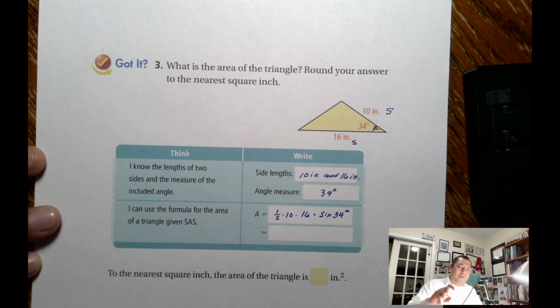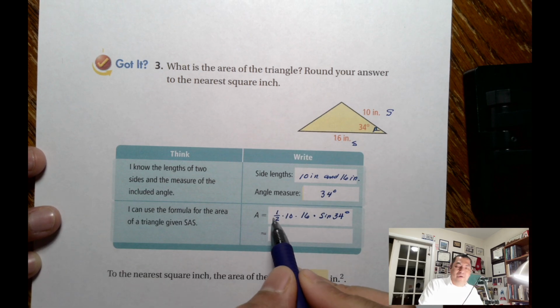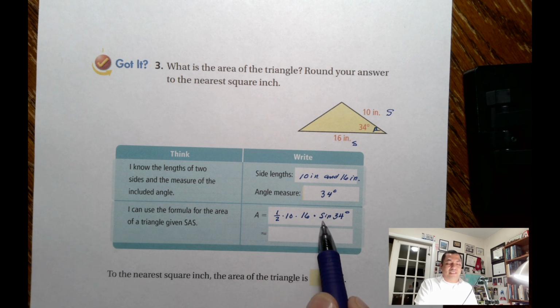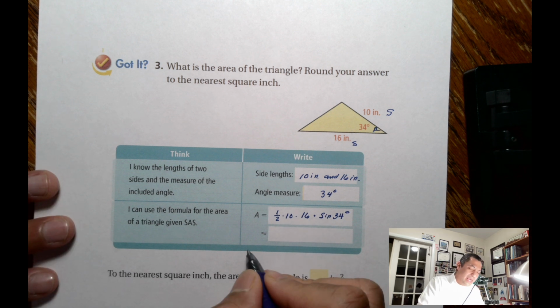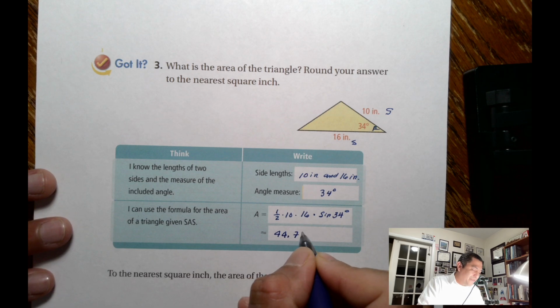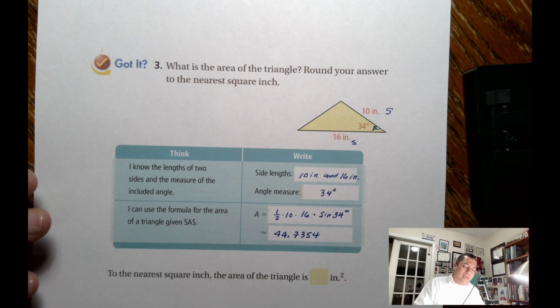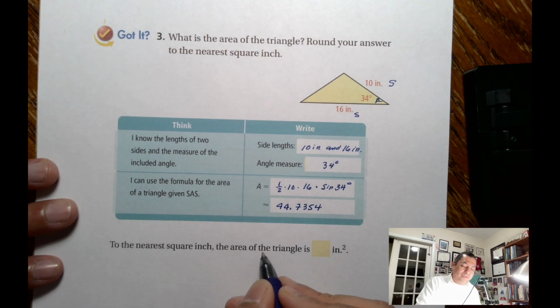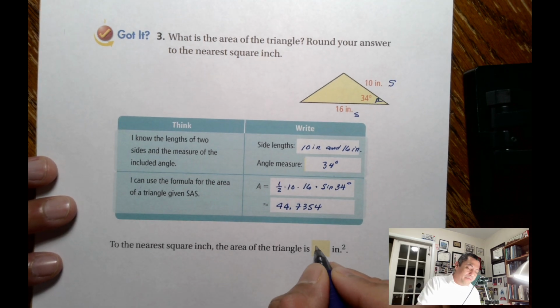And if I plug that in the calculator, you can do 0.5 if you don't know how to use your fractions. 0.5 times 10 times 16 times sine of 34 degrees. This is approximately equal to 44.7354. So in this case, to the nearest square inch, the area of the triangle is 45 inches squared.